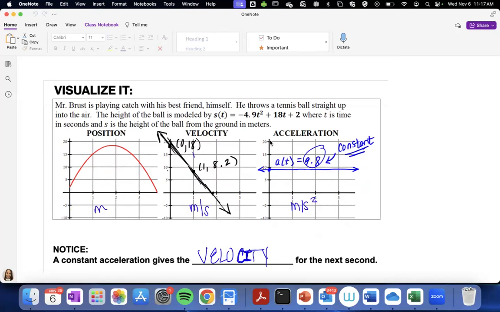If I subtract 9.8 meters per second squared from 18, 18 minus 9.8 is 8.2. Do you see how it gives me the velocity on the velocity function for the next second?